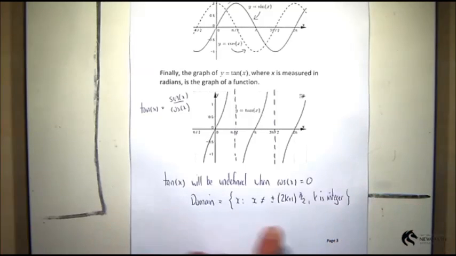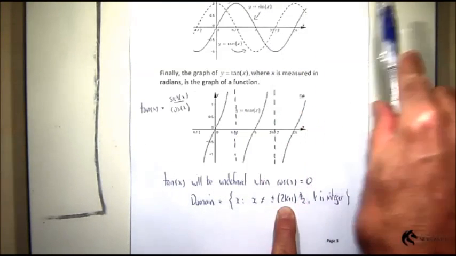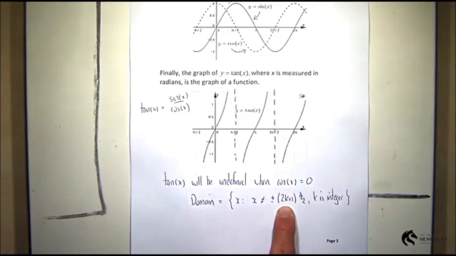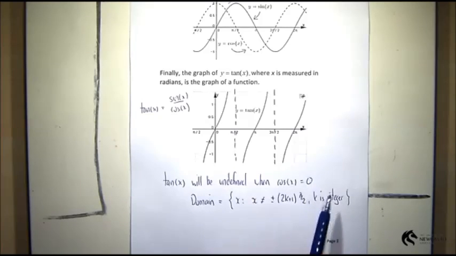So what this is trying to say is it's any odd multiple of pi on 2. So 1 pi on 2, 3 pi on 2, 5 pi on 2, 7 pi on 2, and so forth. So it's the odd multiples of pi on 2 where tan x is not defined. But as I say, if you understand tan x is not defined where cos x is 0, that's good enough, I would say.